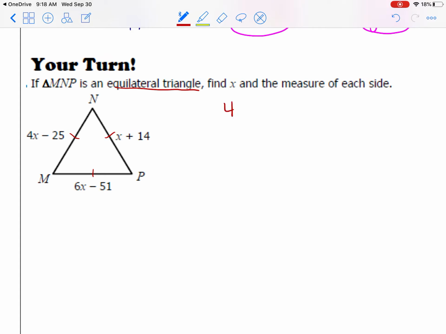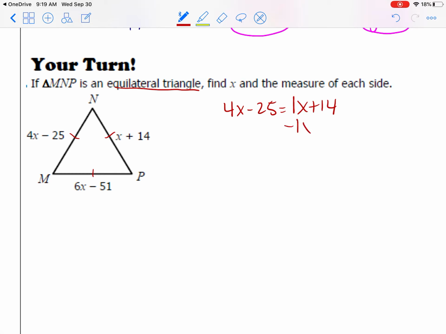So I'm going to pick 4x minus 25 equals x plus 14. Again, it doesn't matter which expressions you select, as long as you just select two, because this is an equilateral triangle and all the sides are equal. And then looking at this equation, we have x terms on both sides of the equal sign. Move the smallest one. Remember, there's an imaginary one there.